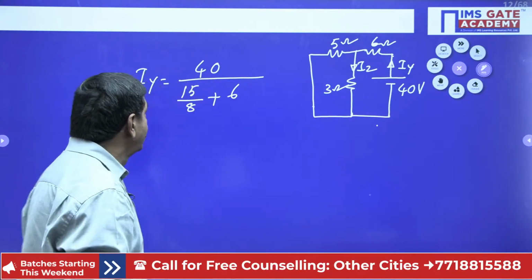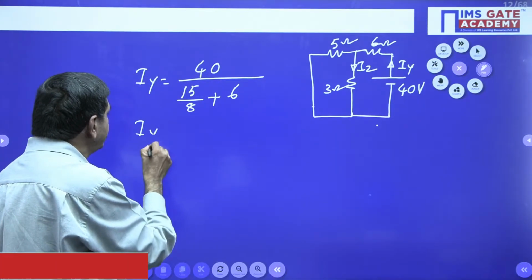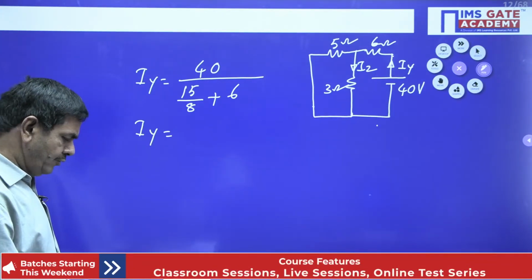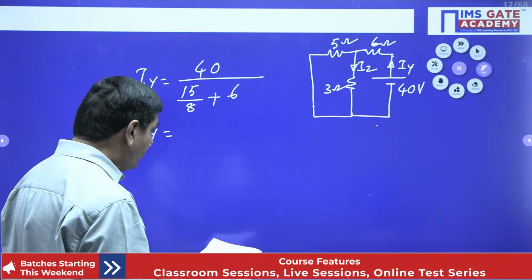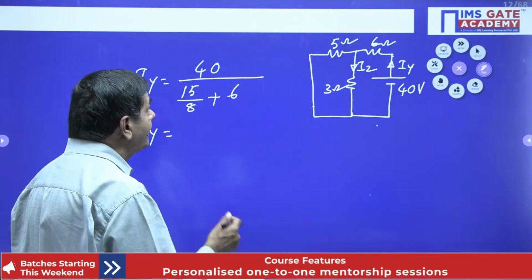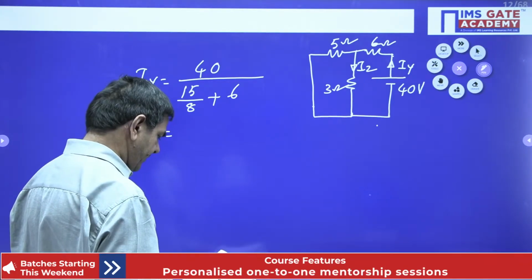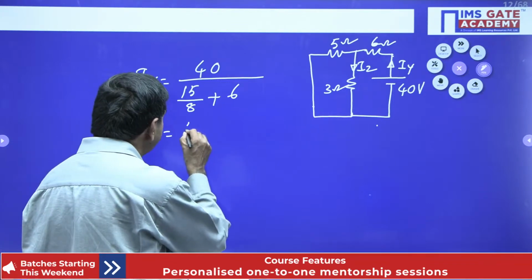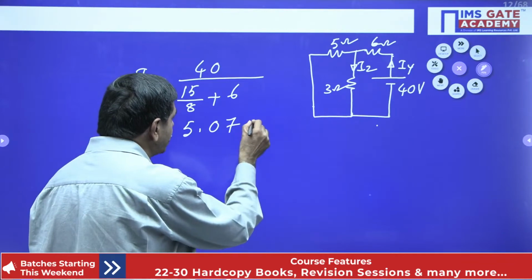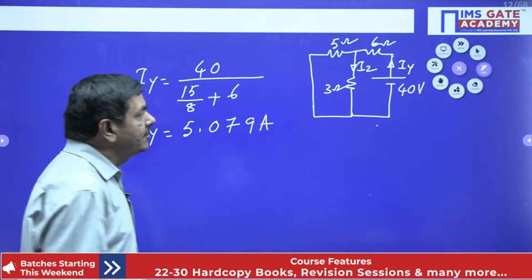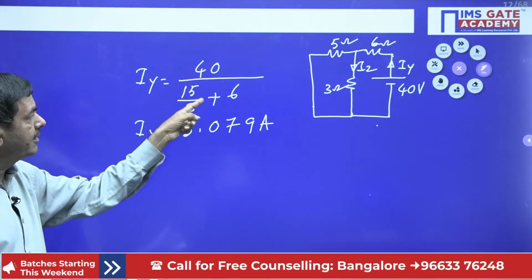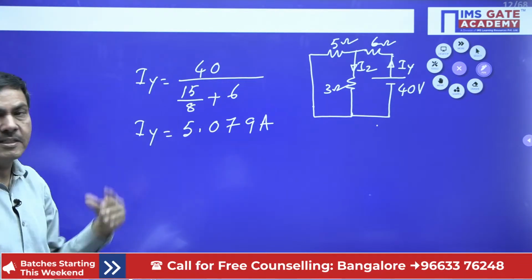The IY value will be 5.079, mostly possible. That much current you can get. If you use the calculator, 40 into 8, divided by 15 plus 6 into 8, you simplify and you will get that value.